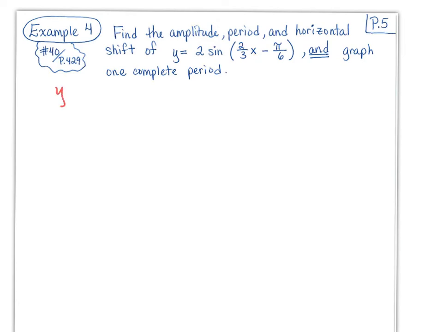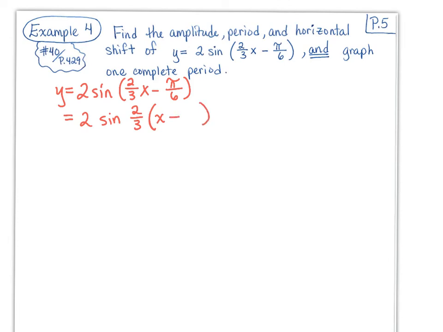So we're given y is equal to 2 sine of 2/3 x minus pi over 6. Which means that is 2 sine of, if we factor out a 2/3, that leaves us with x minus something.